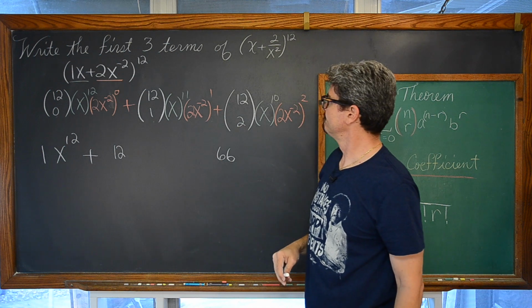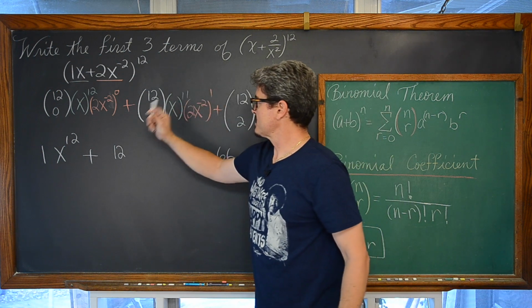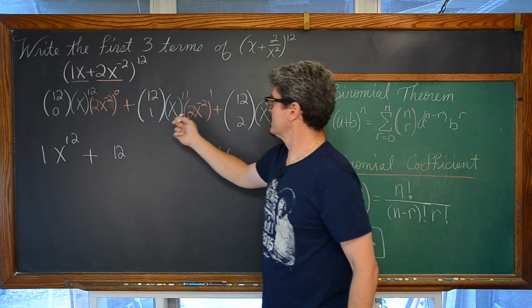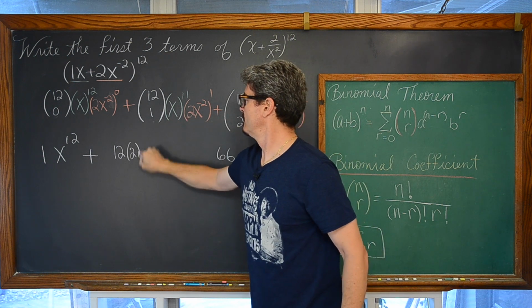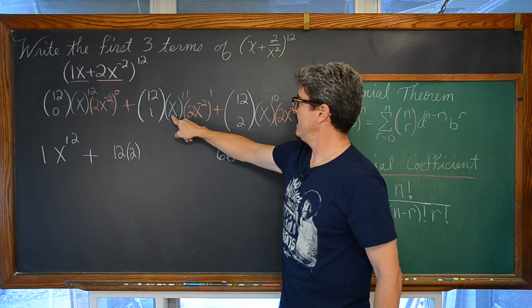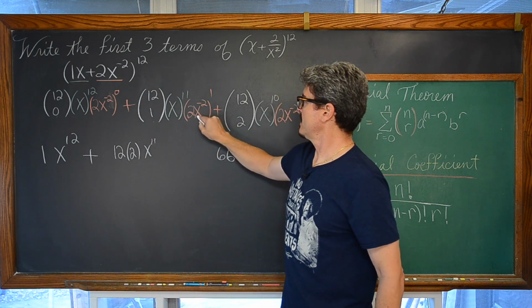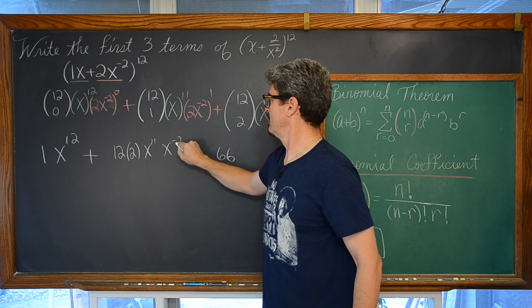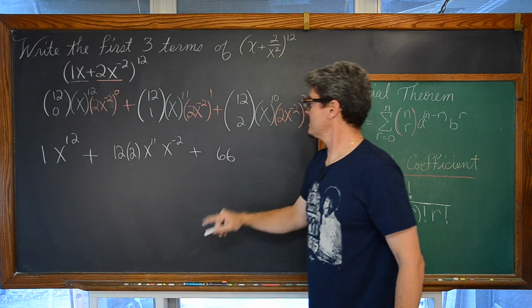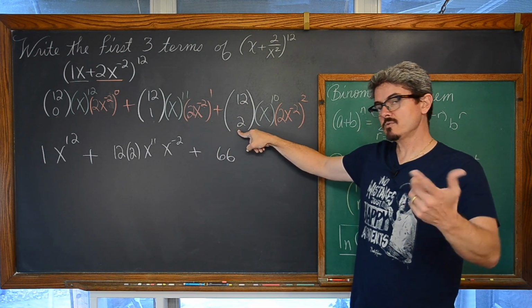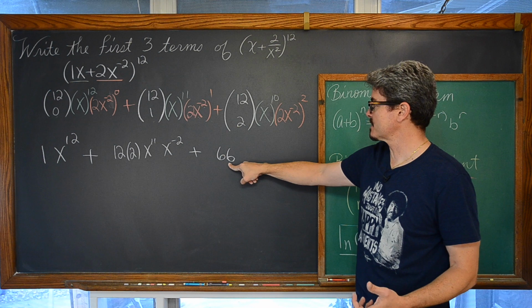Plus, well, this isn't the final answer, but we have 12 times 2. We have an x to the 11th and an x to the negative 2. We have a plus. The 12 choose 2 gave us 66.